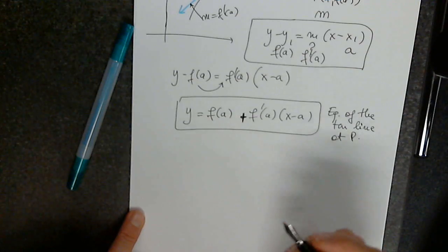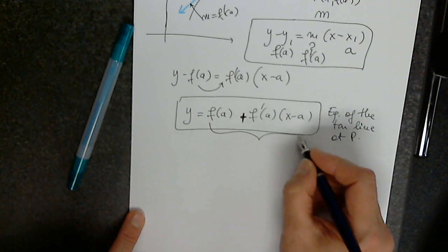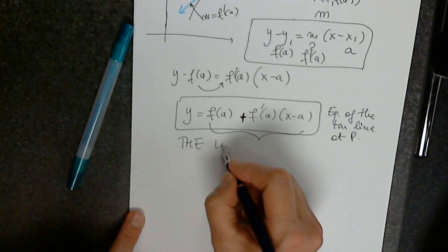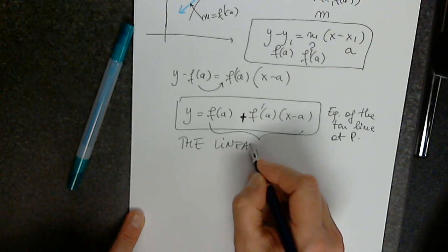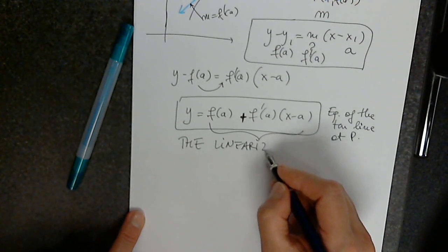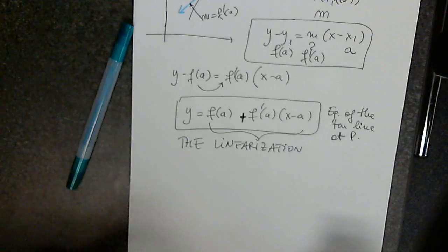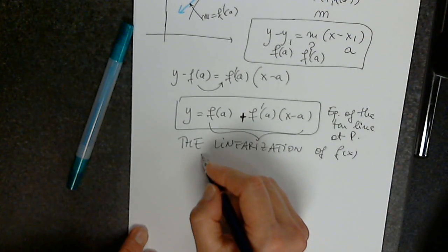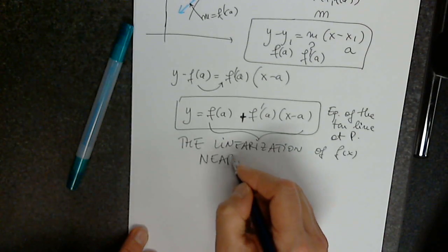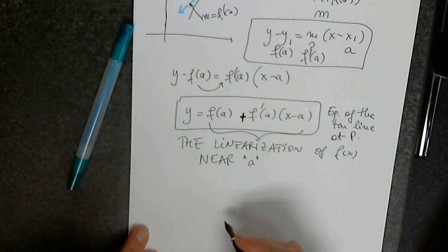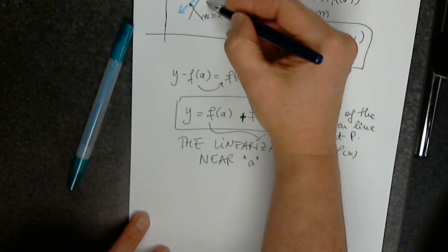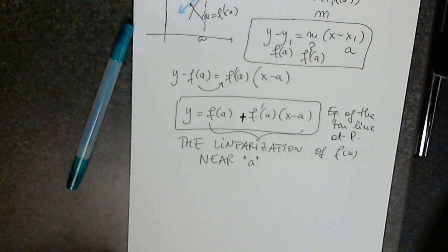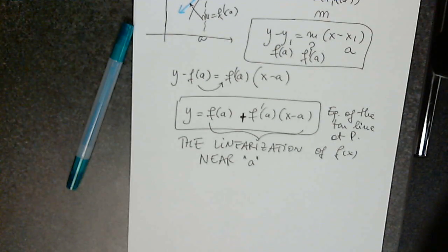Okay. This has a very interesting explanation why we need this. So this whole thing is called the linearization of f of x. Very important what follows now: near a. So near this value a, or around the value x equals a if you want.